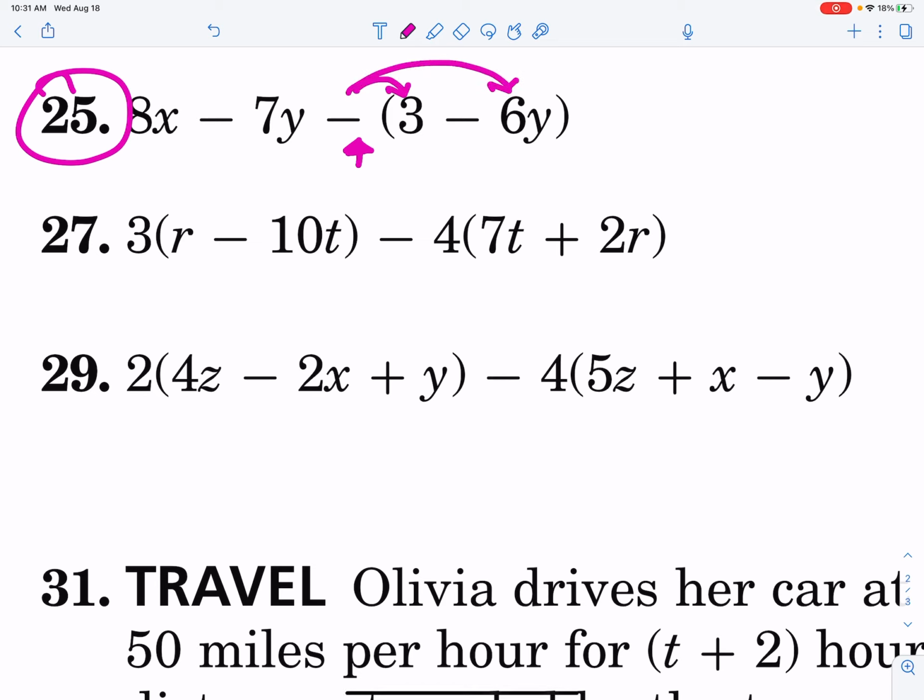This first one, there's no grouping, so I just keep it 8x minus 7y. Negative times 3 is negative 3. And negative times negative 6y is positive 6y.